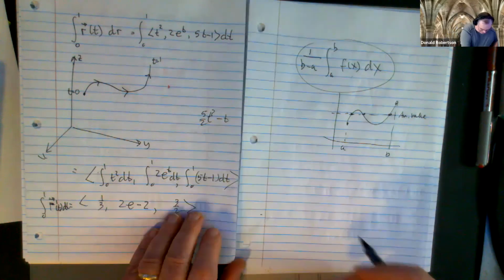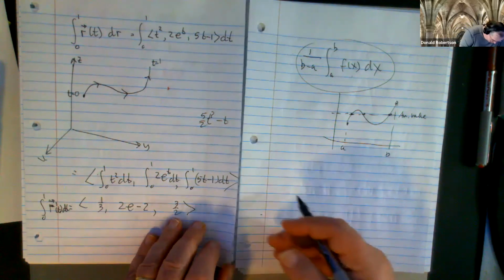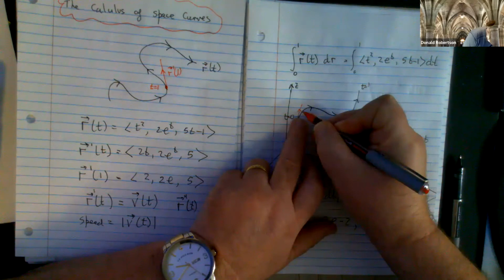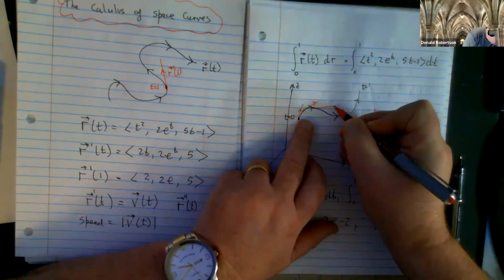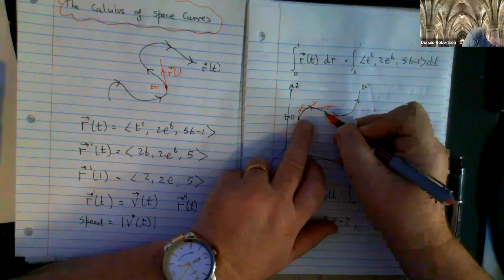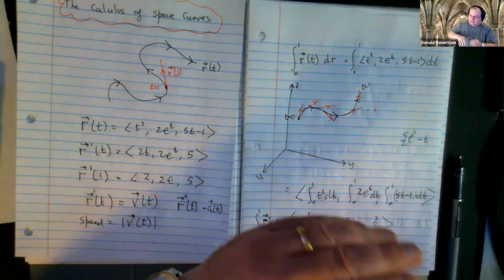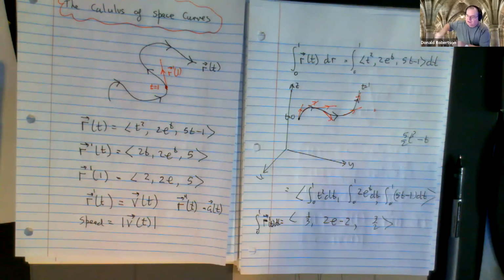Now, what on earth do I mean by that? Can you imagine at this point, it's pointing that way, and at this point, it's pointing that way, and so on and so forth. You imagine that at every single point the curve is pointing somewhere in 3D space. Can you imagine averaging out all those directions?